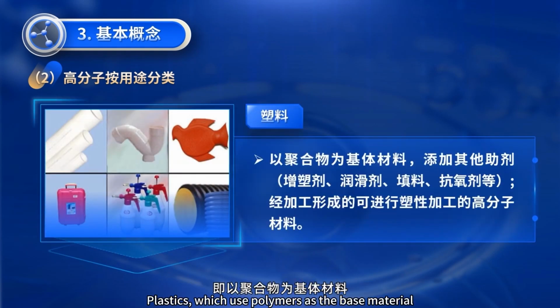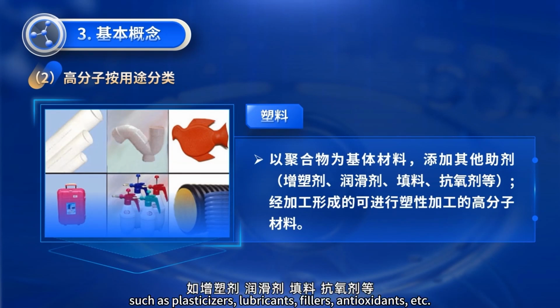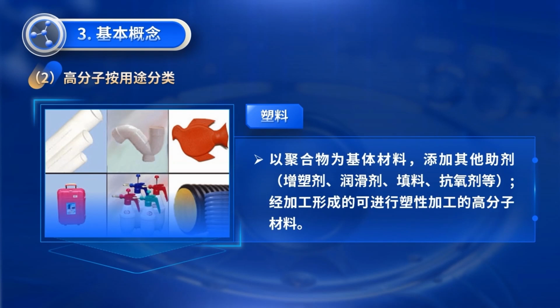Plastics use polymers as the base material with the addition of other additives, such as plasticizers, lubricants, fillers, antioxidants, etc., resulting in polymer materials that can be processed, such as pipes, joints, suitcases.